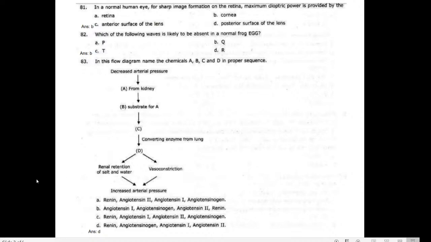In this human system, you can see where the arterial is placed. So we want to understand each and every place. Next, A is produced from the kidney. B is a substrate for A. Then C is produced, that is one chemical.